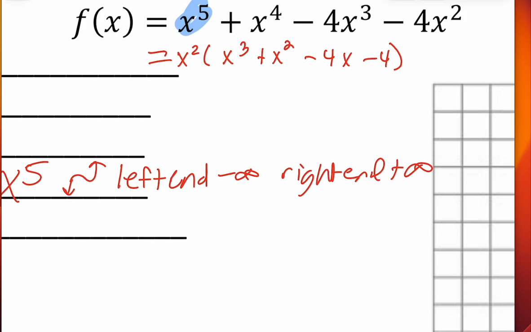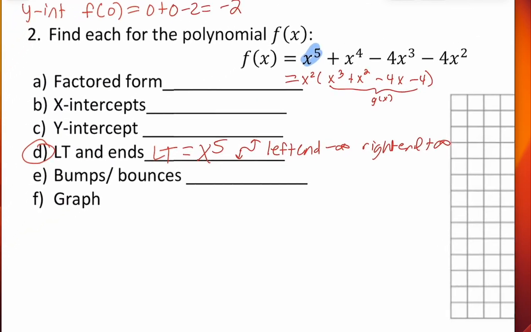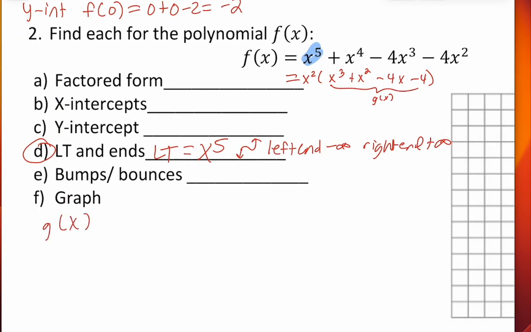Okay, now if you know how to group, you can use grouping on that piece. But let's call this piece g of x. And I am going to plug things in and hope that things happen. Well, I made this problem, so I'm going to plug in 1, and let's see what happens.